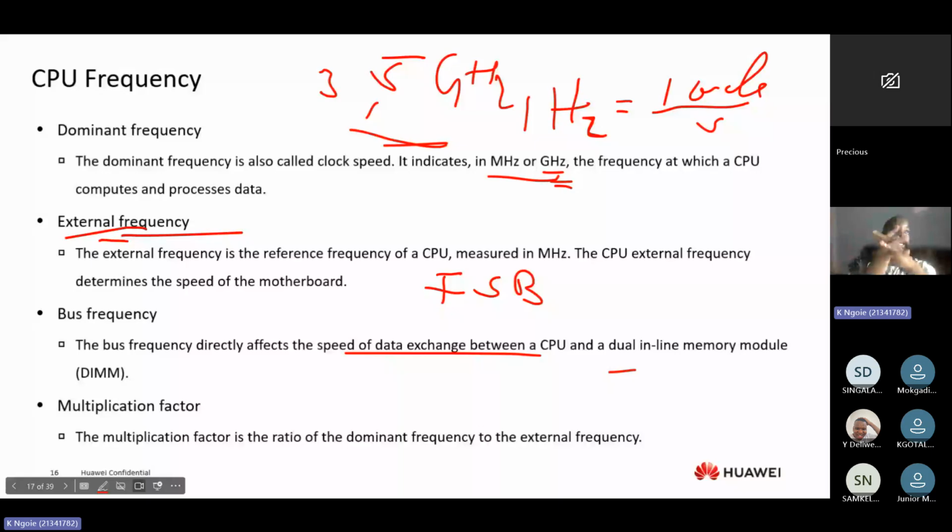You understand? So you have other chips that are actually plugged or connected to your processors. Okay. And then we have the multiplication factor. The multiplication factor will just be the ratio of the dominant frequency to the external frequency.